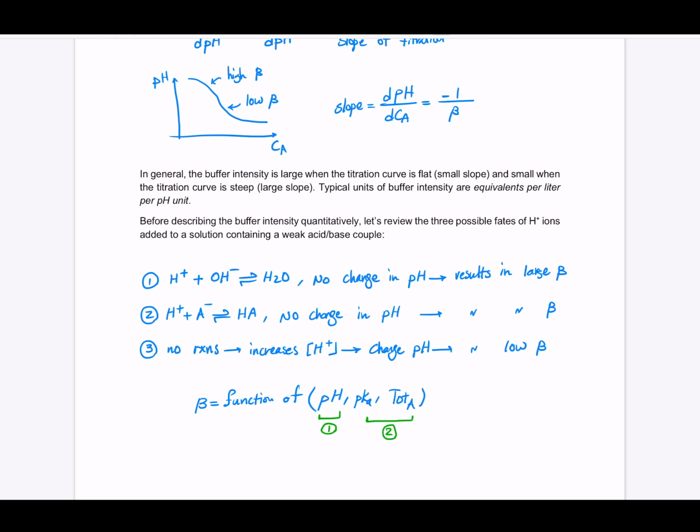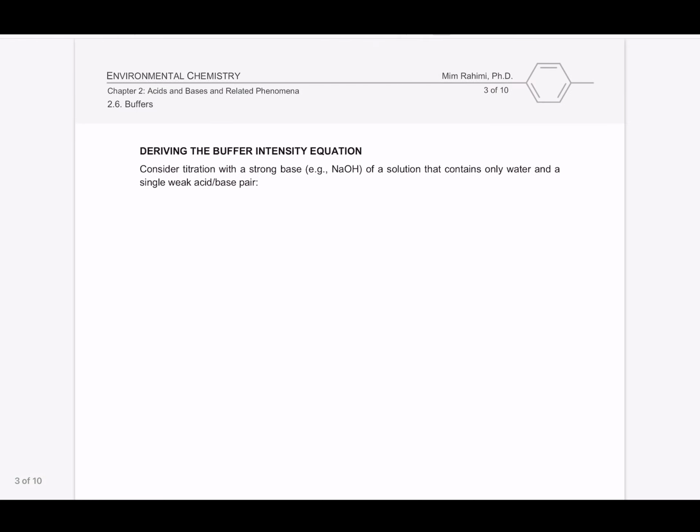So it seems water adds resistance. Weak acid also adds resistance or contributes to the total buffer intensity. So now we want to derive equations to describe buffer intensity. So let's assume we're doing titration with a strong base, which is sodium hydroxide. So that pipette we had, it's all sodium hydroxide.